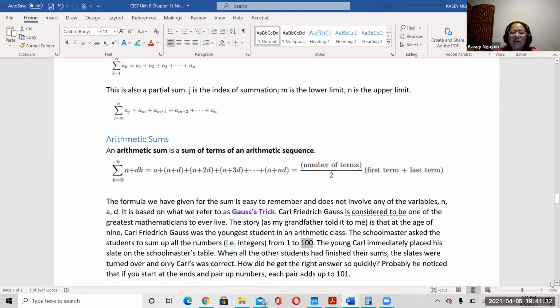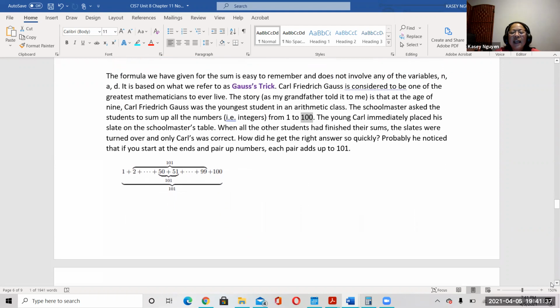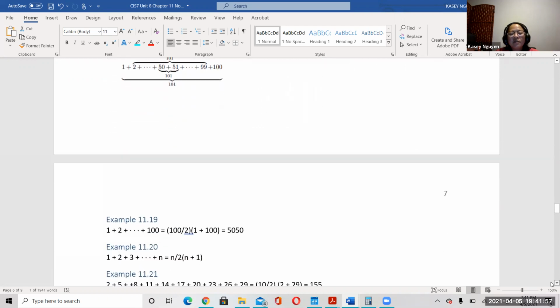Pretty clever. In his situation, 1 plus 100 is 101, and you multiply 101 by the number of terms divided by 2, which gives you the arithmetic series.